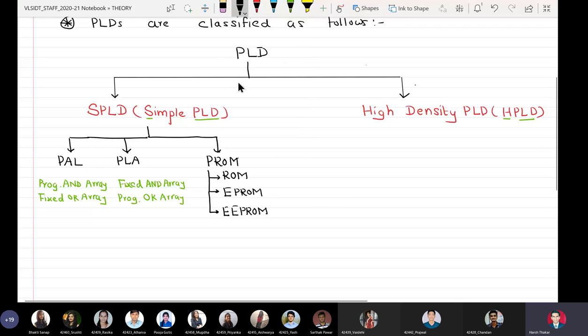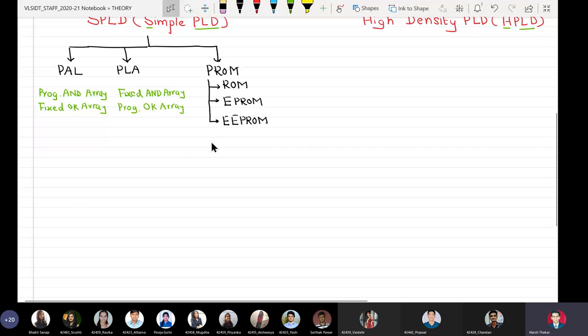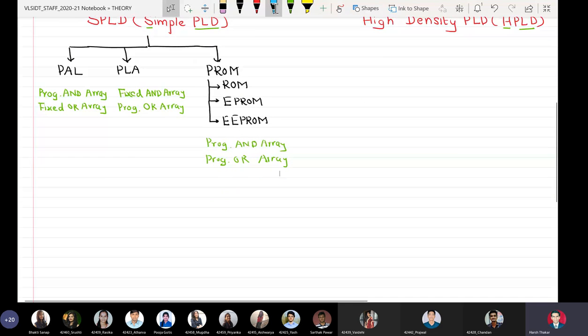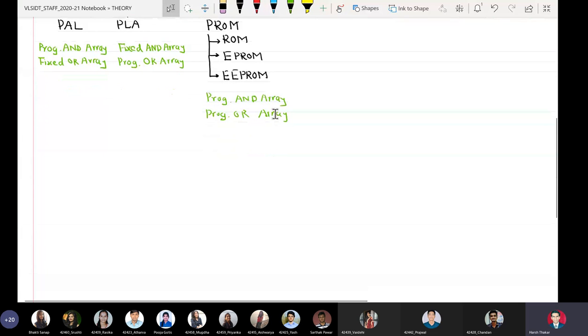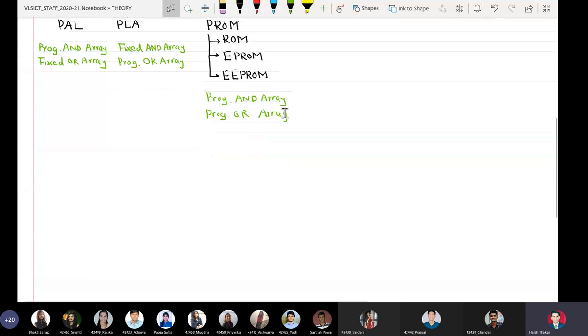And PROM has a programmable AND array and programmable OR array. Okay, so one thing is for sure, that because PAL, PLA and PROM are all a combination of AND and OR arrays, and we know that an AND gate can implement a product term, and an OR array can sum all the terms.